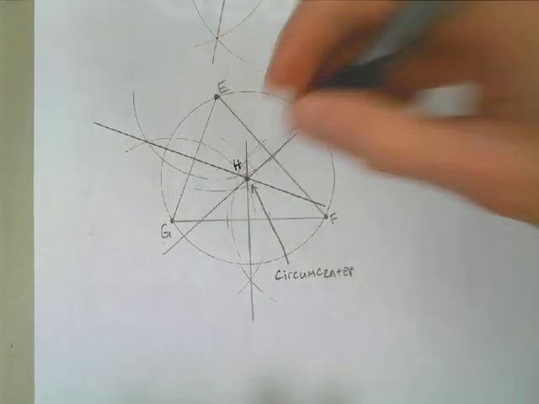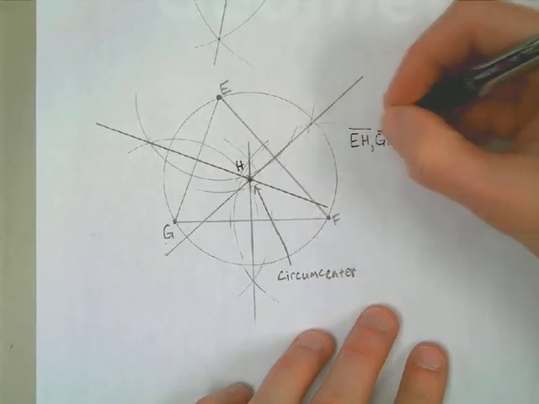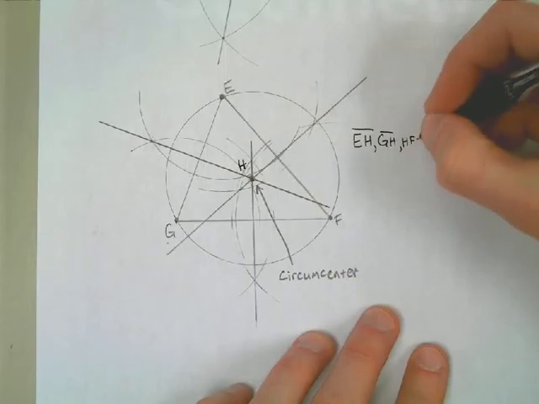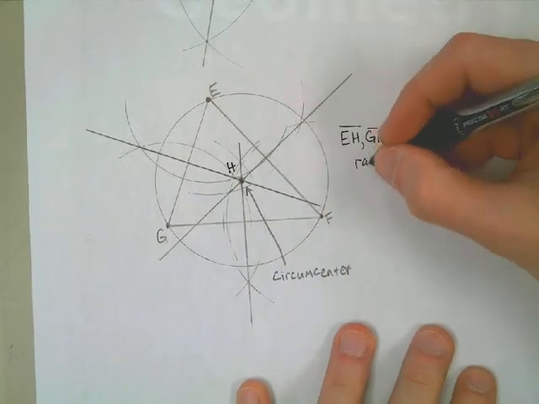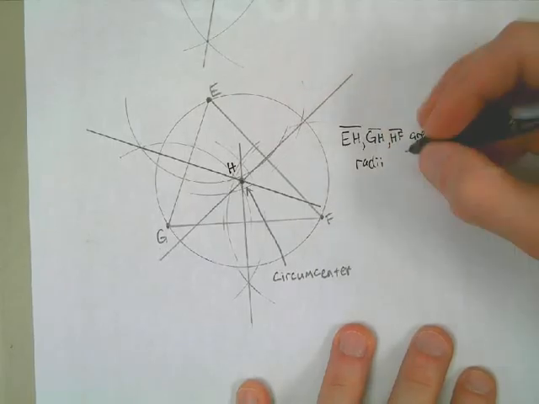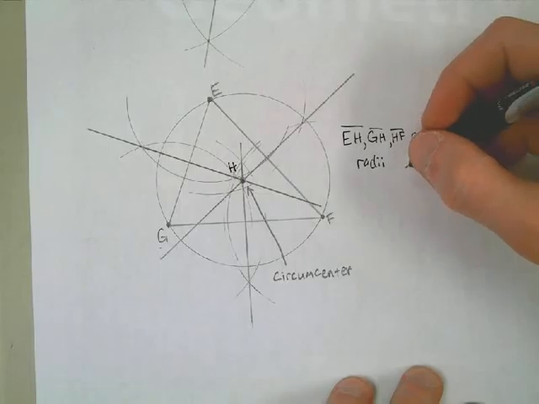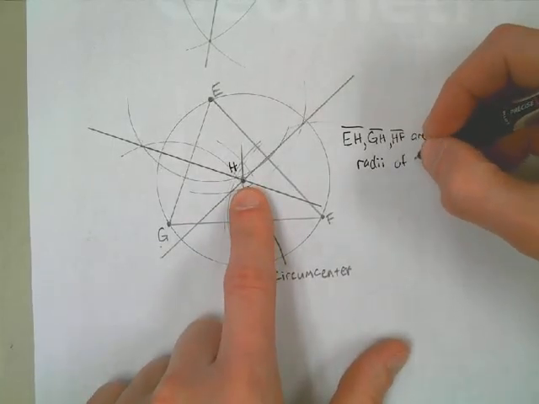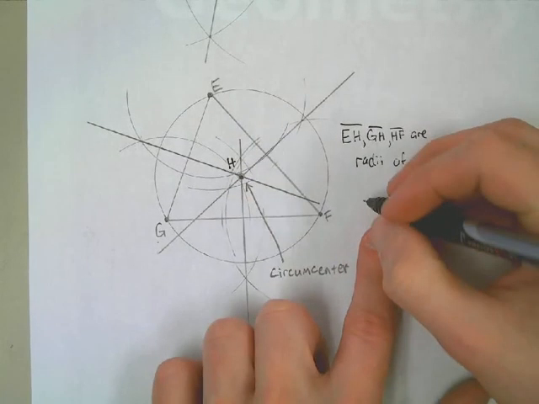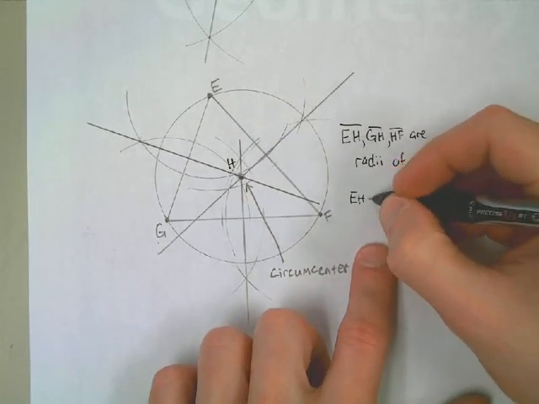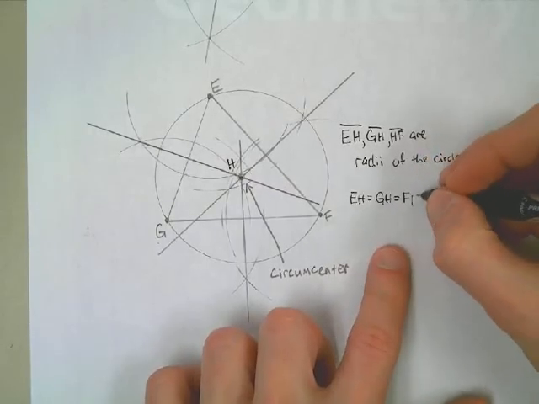So EH, GH, okay, and HF, or FH, okay, are radii, okay? The plural of radius is radii, are radii of the circle, okay? So EH equals GH equals FH. They're all the same length. Okay.